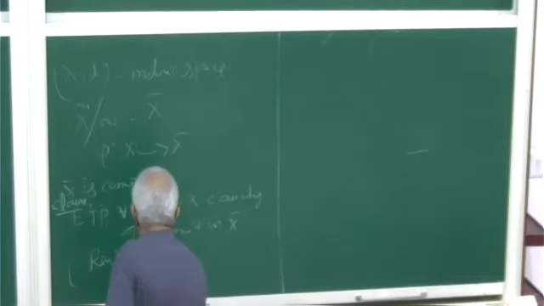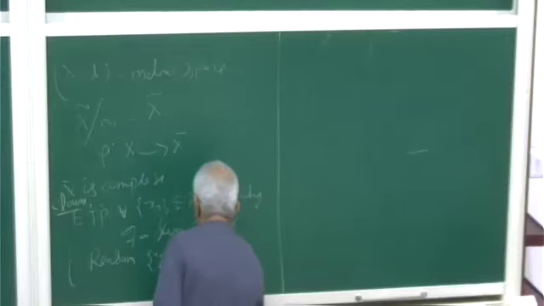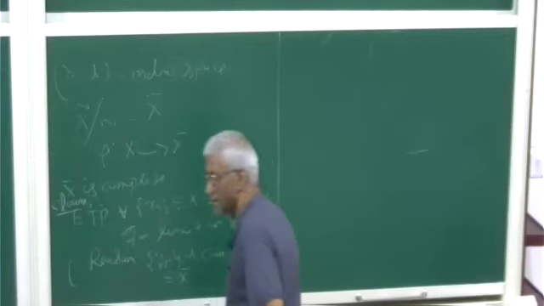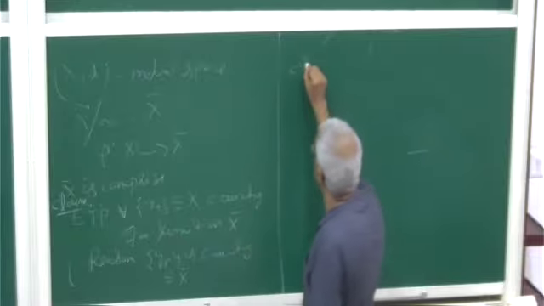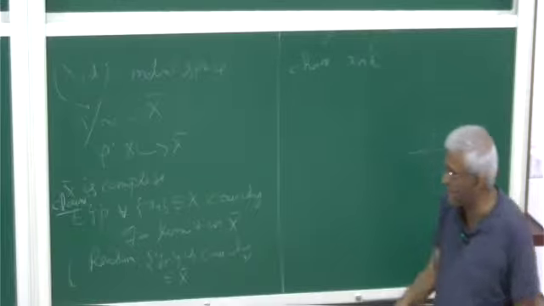So suppose Yn is a Cauchy sequence, and Yn is contained in X bar. Then you can choose Xn, because phi of X is dense there.